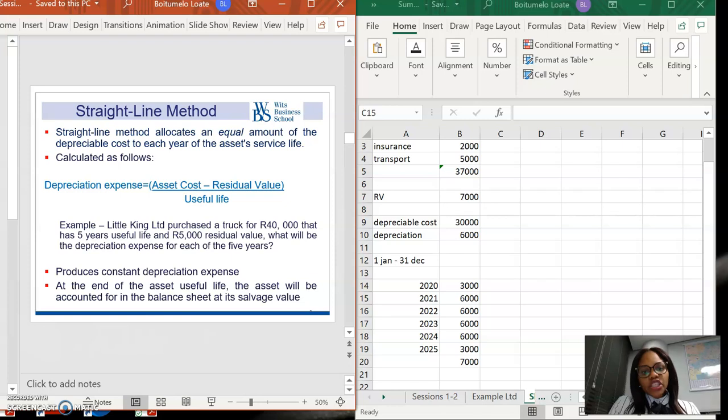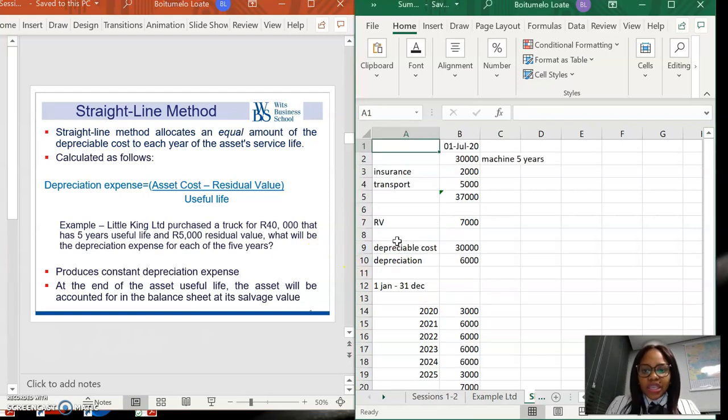The first depreciation method we'll be covering is just the simple method called a straight line method. The straight line method is very easy because it allocates an equal amount to the depreciable cost each year you use the asset. So this machine example that I used, because I used a machine for 5 years and I'm using 6,000 per year, this actually is the straight line method.